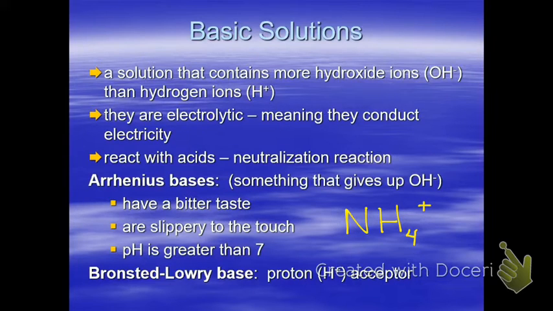Ammonia would accept a hydrogen ion, so there aren't 3 H's anymore, now there's 4, and it takes on a +1 charge. And what polyatomic ion is that? That's ammonium. So Arrhenius's definitions are the simpler definitions. Bronsted-Lowry is the more correct definition for acids and bases.